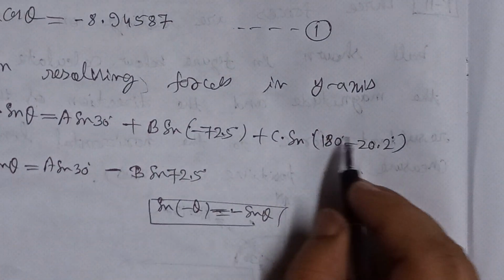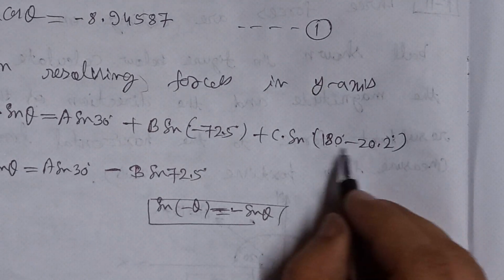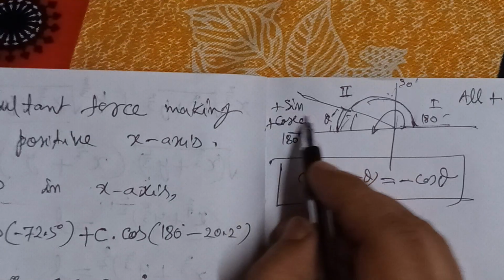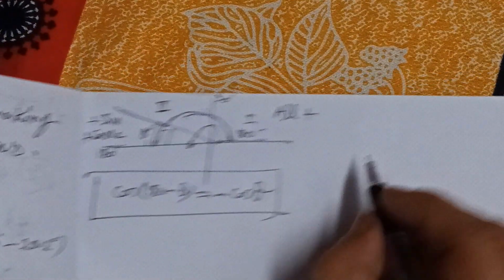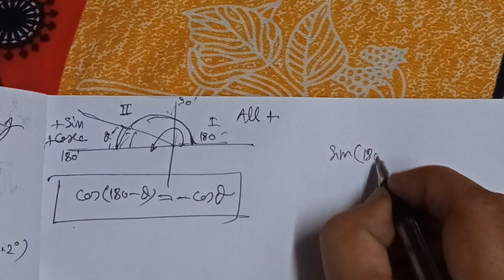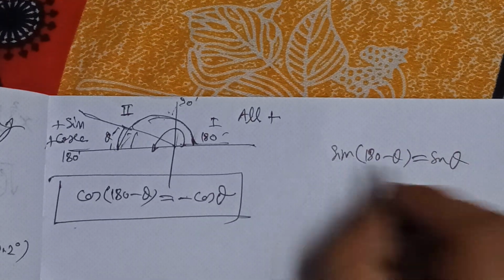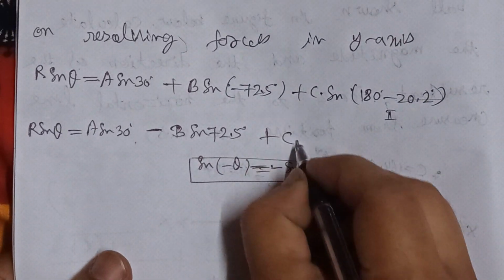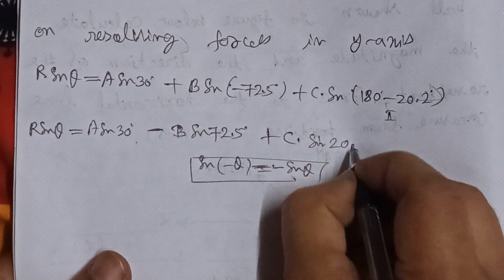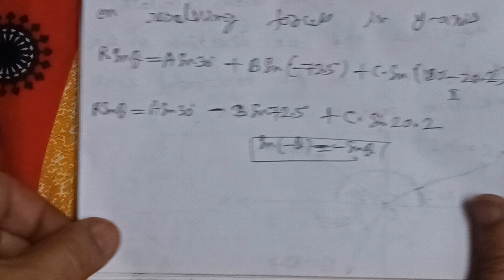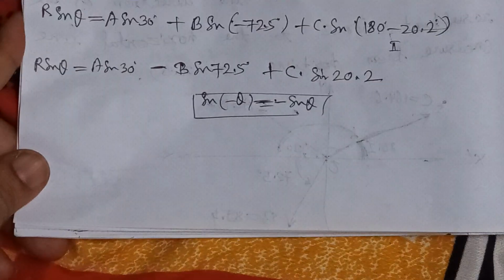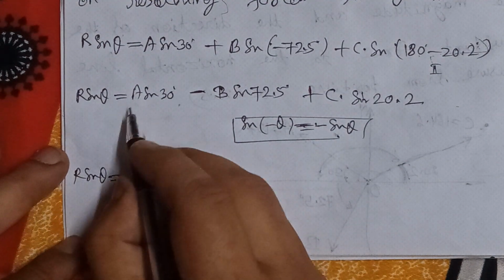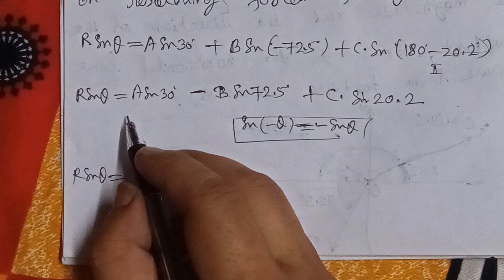We know that 180 minus this value will lie in the second quadrant. In the second quadrant sine is positive, so the formula sin of 180 degree minus theta is equal to sin theta. So applying this formula here, we get plus c into sin 20.2, and we put in the values according to the table.